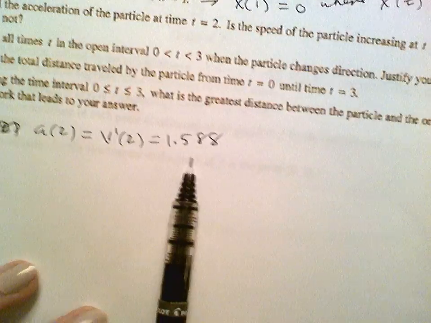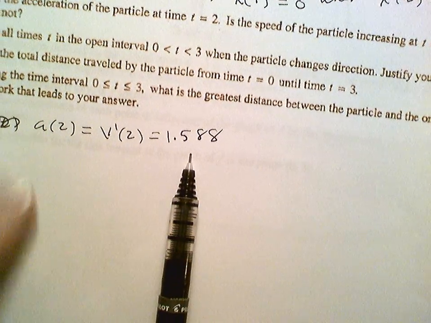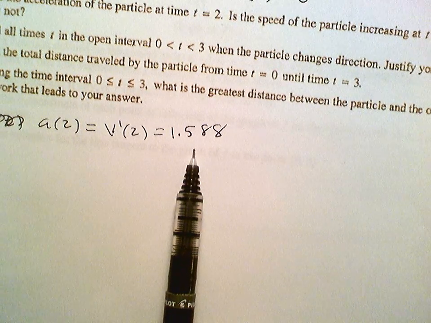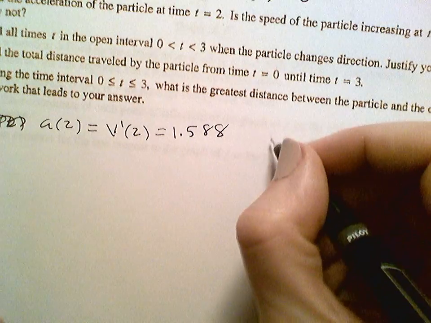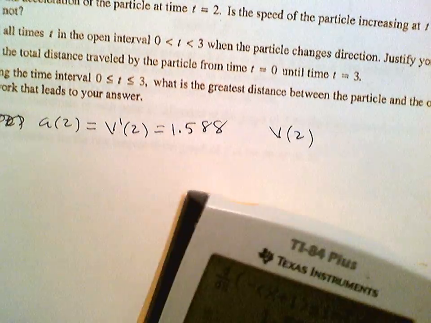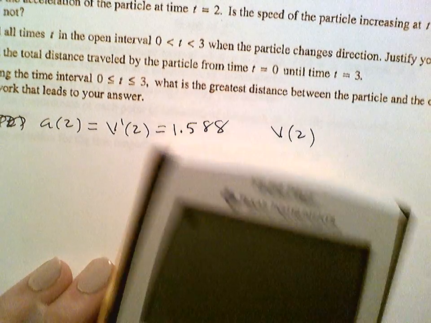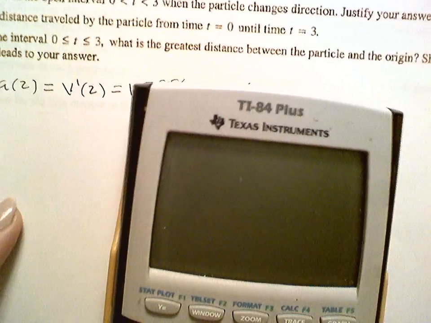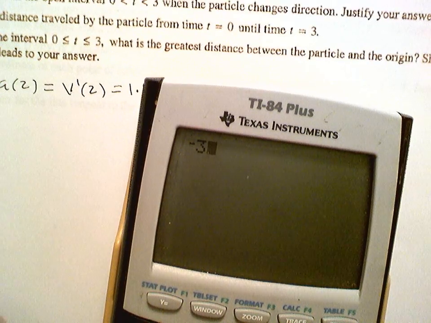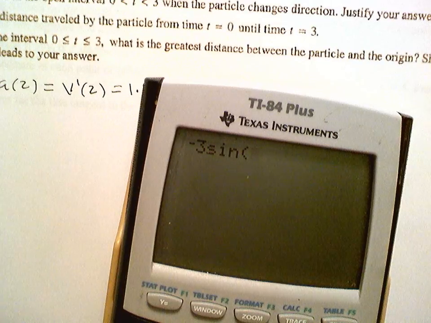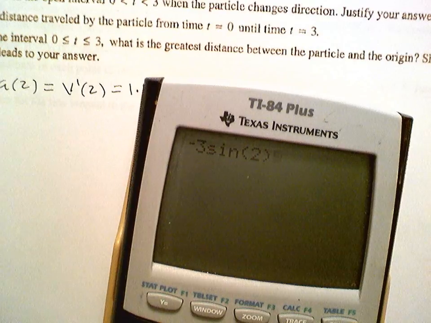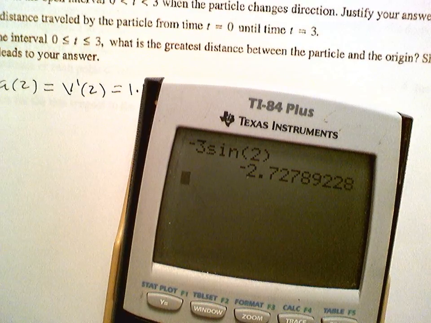It'd be slowing down if they had opposite signs. So I know that the acceleration at time 2 is positive, but now I've got to see if the velocity at time 2 is positive or negative. So I'm going to go velocity at 2, and I'm just plugging 2 into the velocity function, so I'm going to get negative 3, and then sine of 2, because 2 squared over 2 is 2.